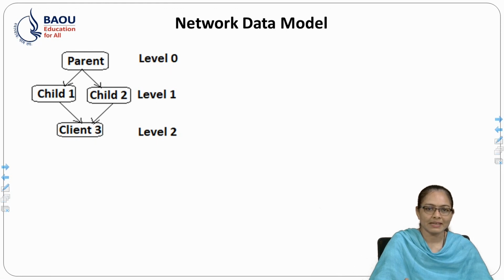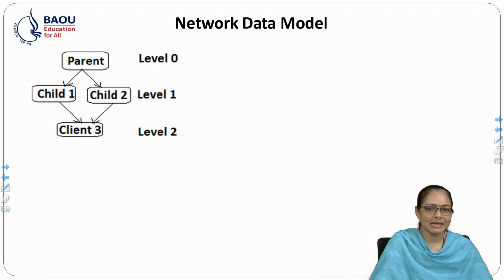So we can see here child 3 has two parents, child 1 and child 2. In the network model, it is possible. It allows one child to have multiple parents.